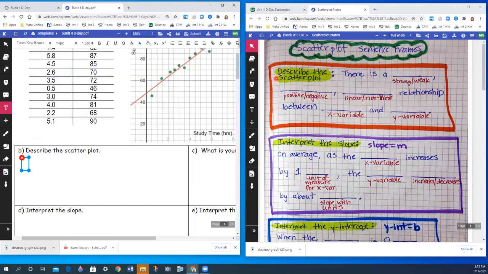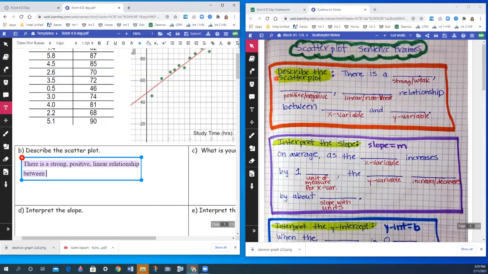So I am going to write, there is a, and then I decide strong or weak. I'm going to say strong. Positive or negative, this is an increasing line, so it's positive. Linear relationship between, and then my X variable is the number of hours studying, and my Y variable is score.